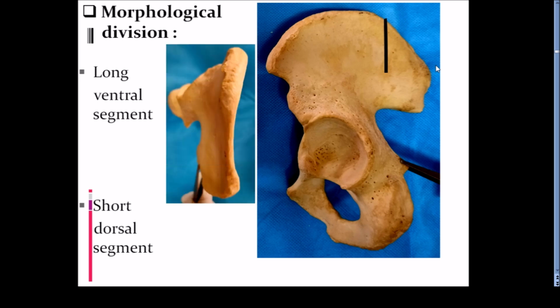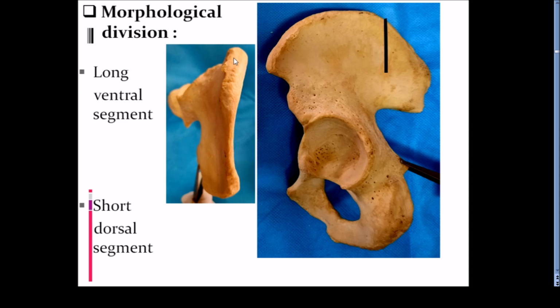Now this long ventral segment forms more than the anterior 2/3 of the crest. This much portion, from the anterior superior iliac spine to here, is the long ventral segment.